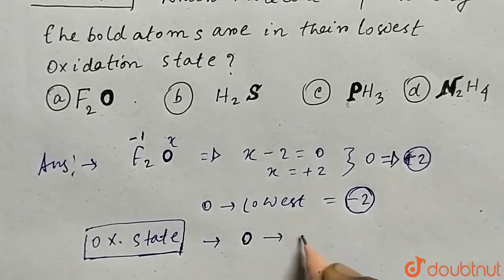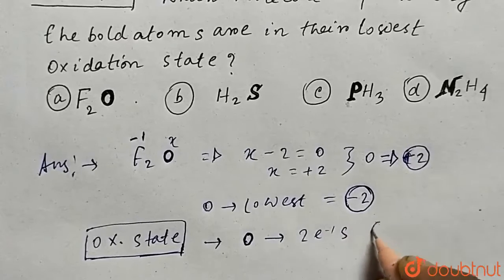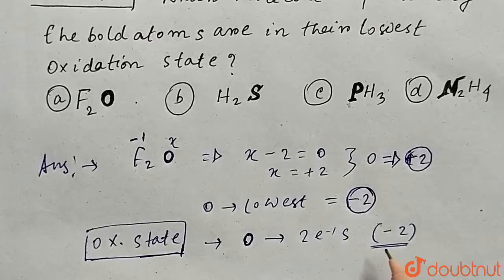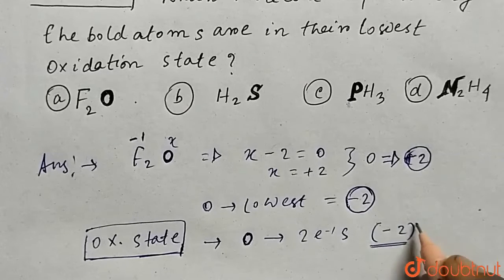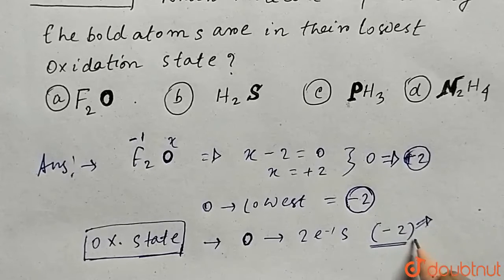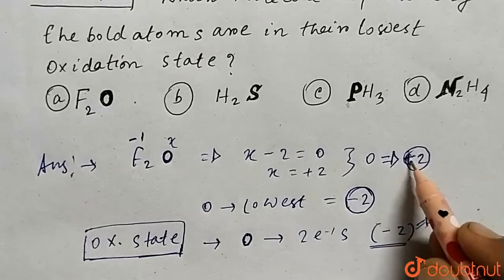So oxygen can gain 2 electrons, and as it gains 2 electrons, its oxidation state becomes -2, because an electron has charge -1. So 2 extra electrons, -1 into 2, gives -2 charge. That is the lowest oxidation state considered. +2 is an exceptional oxidation state.